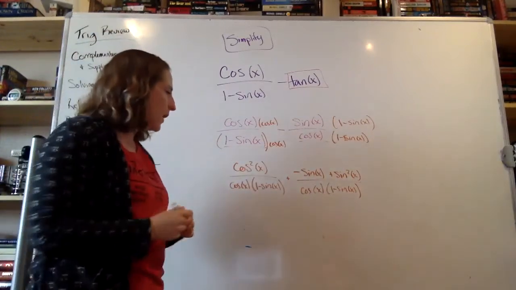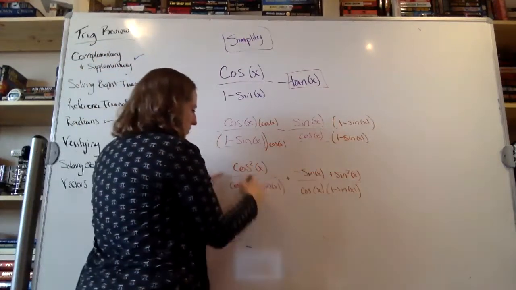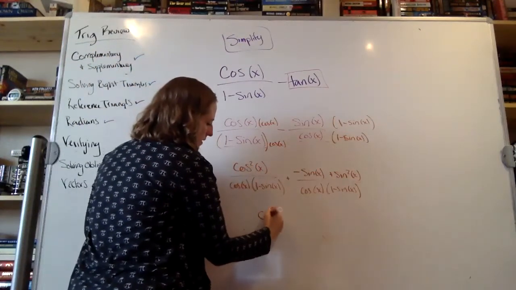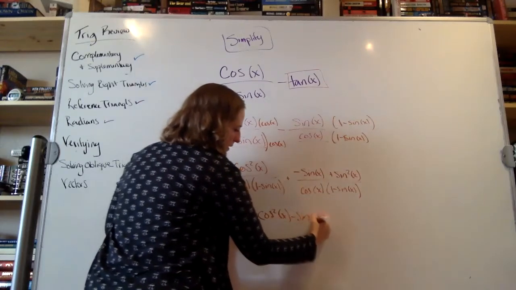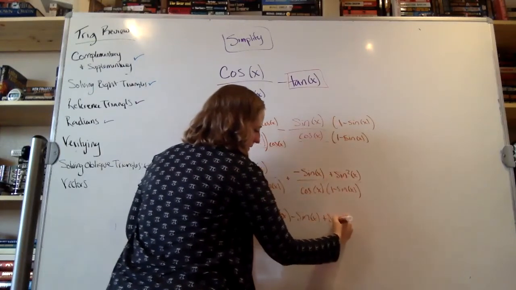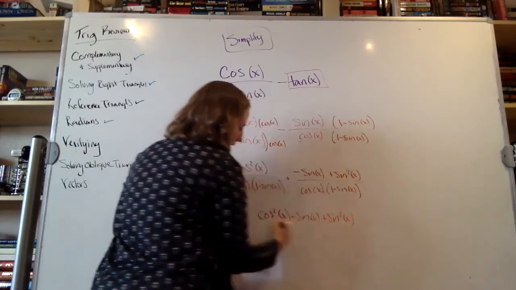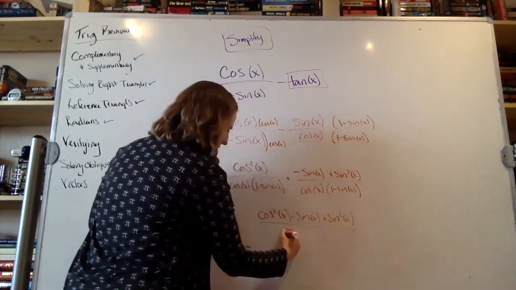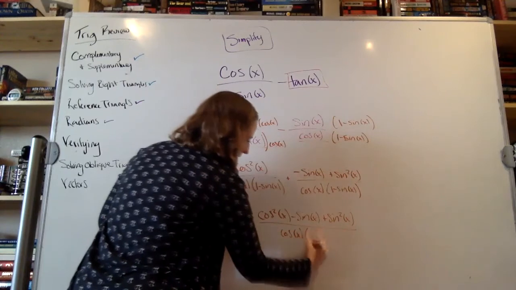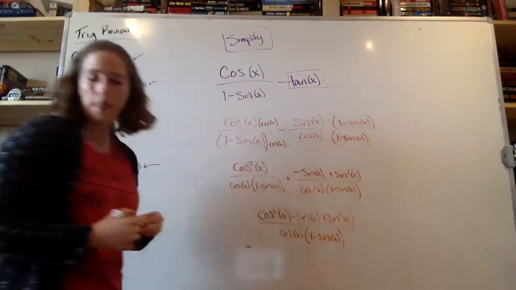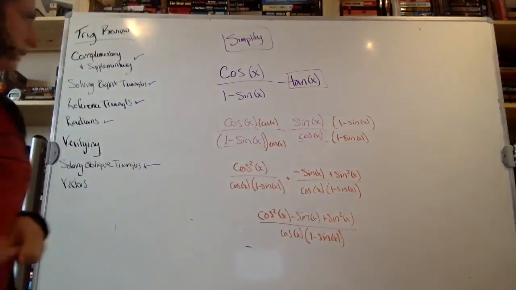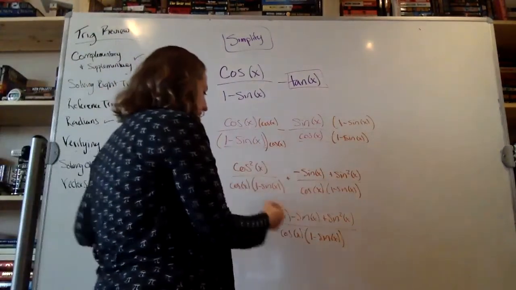Okay, so let's look at where we are. In my numerator, I have cosine squared minus sine plus sine squared. In the denominator, I have cosine of x times 1 minus sine of x. Okay, right now this looks kind of like a complicated mess, but we're getting somewhere. Why are we getting somewhere?